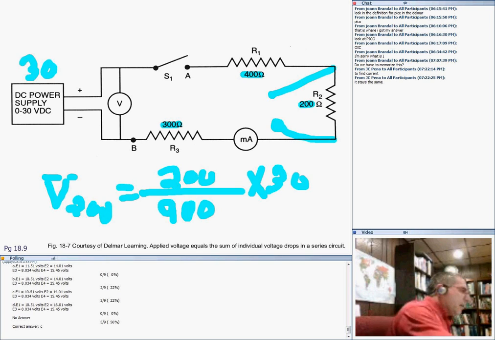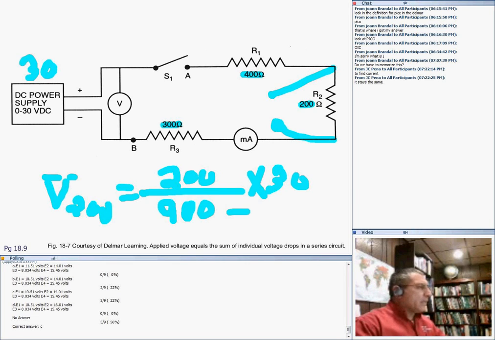So it will be 2 over 9, or 30 times 2 divided by 9, which gives me 6.7 volts across this resistor.